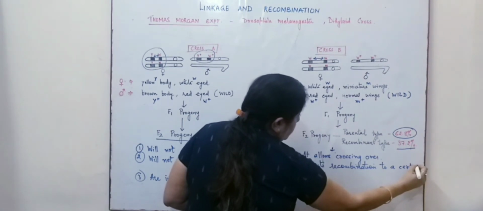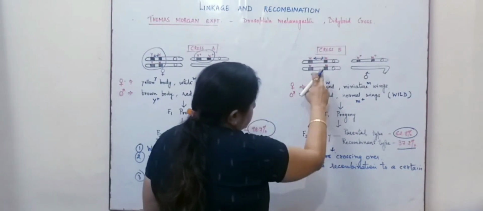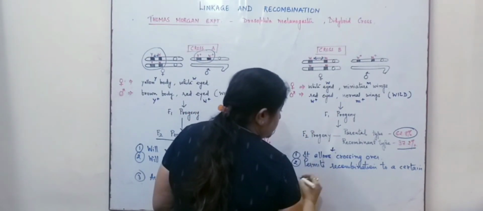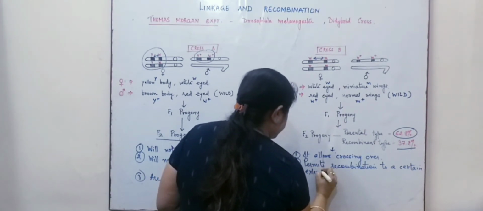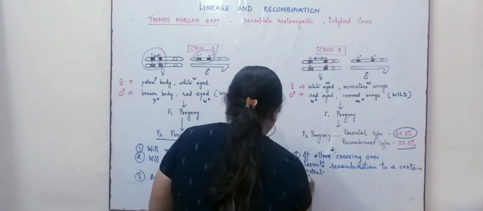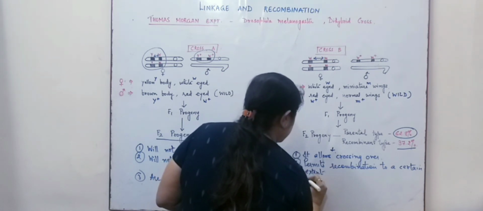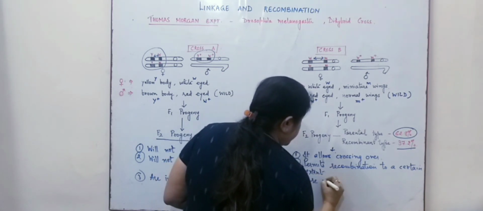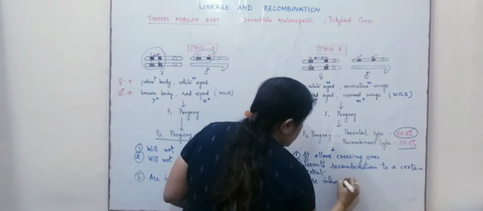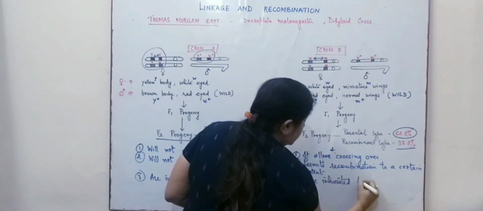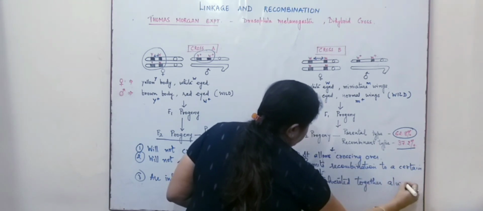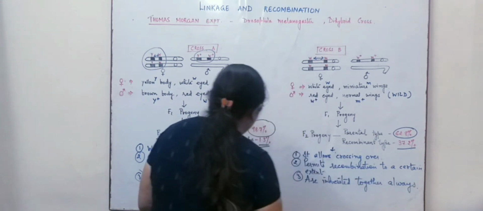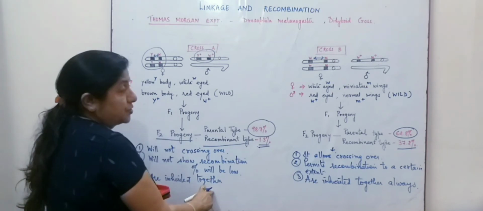Recombination and crossing over are all possible because of the distance between the two genes. These two genes are not inherited together always. Whereas in cross A, they will be inherited together.